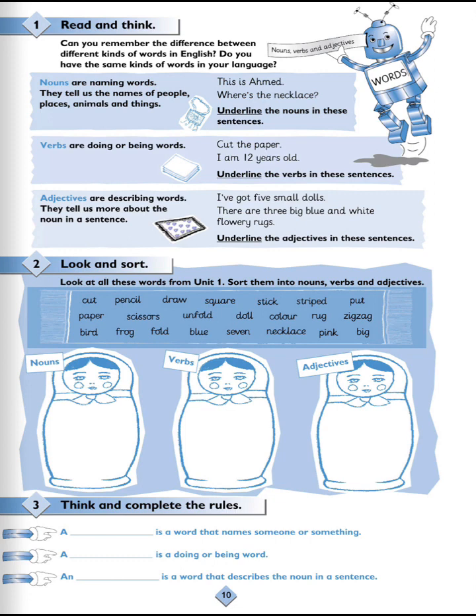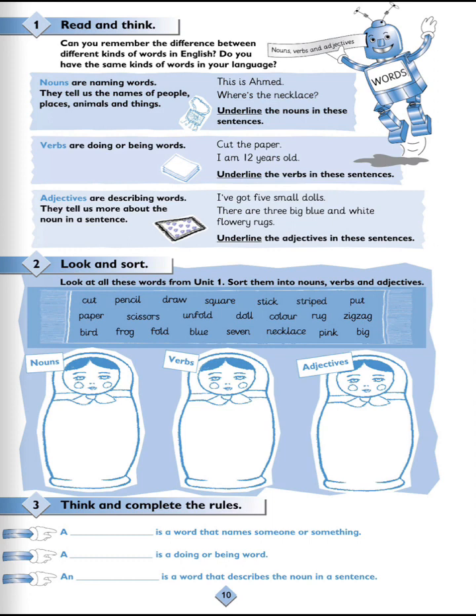Exercise number 1. Read and think. Can you remember the difference between different kinds of words in English? Do you have the same kinds of words in your language? In English, we have nouns, verbs, and adjectives. Nouns are naming words.